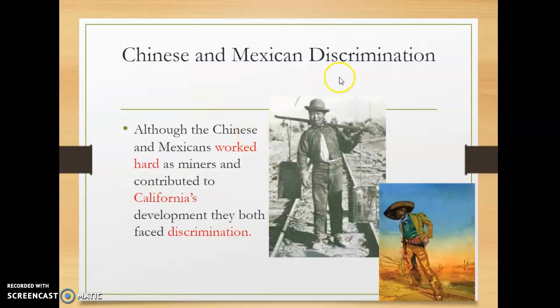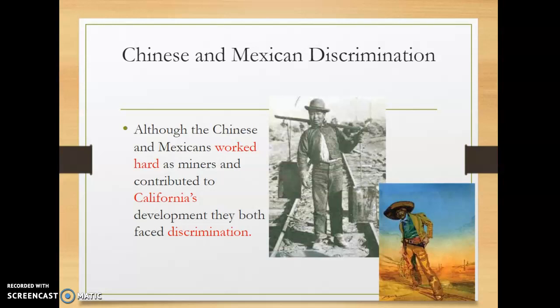So Chinese and Mexican discrimination. Although the Chinese and Mexicans worked hard as miners and contributed to California's development, they both faced a tremendous amount of discrimination. Eventually, the Chinese will not be allowed to come to the United States following the passage of something called the Chinese Exclusion Act, which I believe was in 1882.